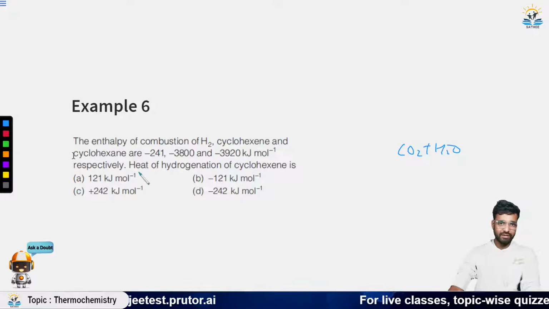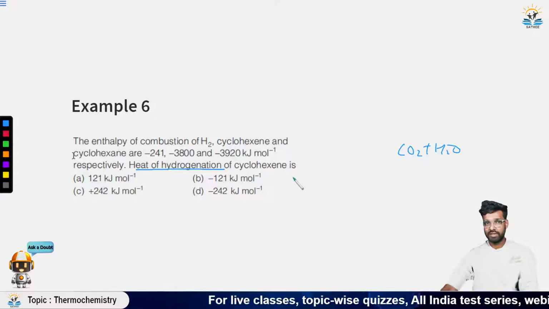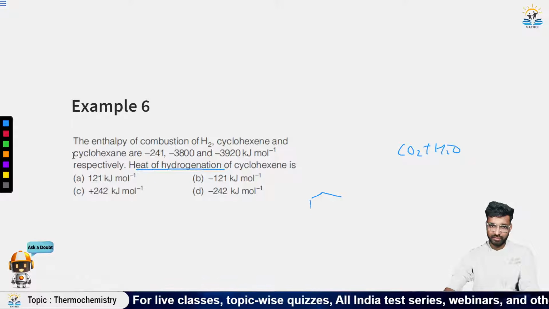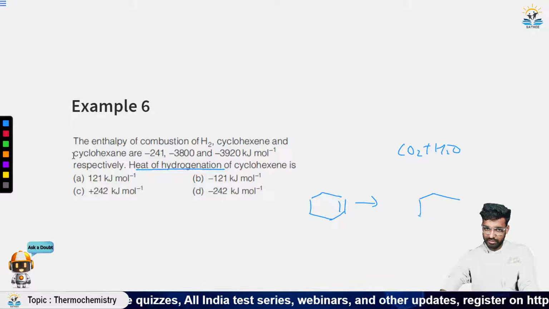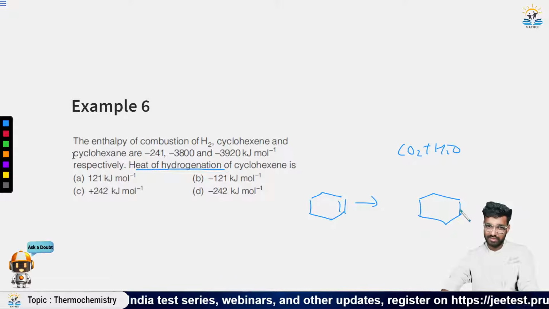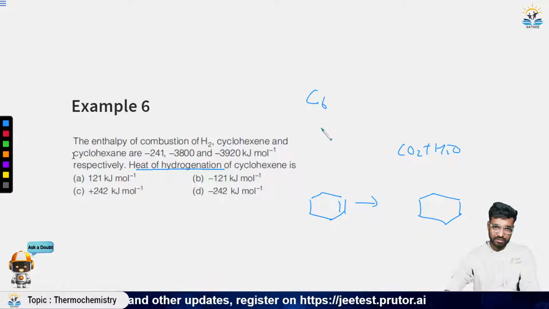Now you have to find the heat of hydrogenation. So let me give you an idea what heat of hydrogenation is. It is a new term here. So this is the cyclohexene. The hydrogenated form of cyclohexene is cyclohexane, that is this one. So what is the overall reaction?